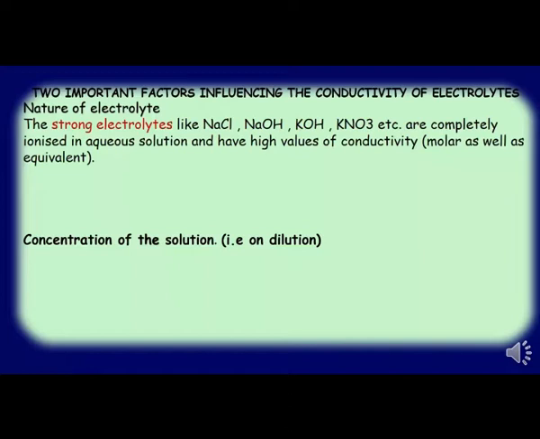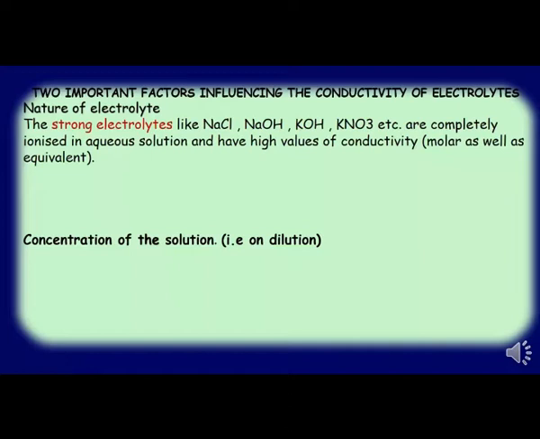Completely ionized means when dissolved in water, they will separate as anions and cations. So for example, when you add sodium chloride into water, it will become Na+ and Cl-. It will get completely separated.